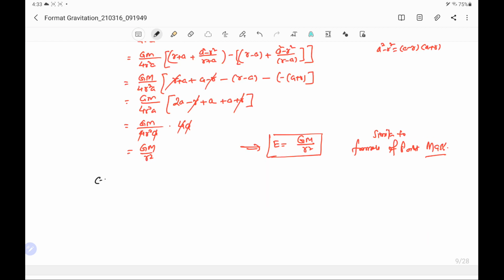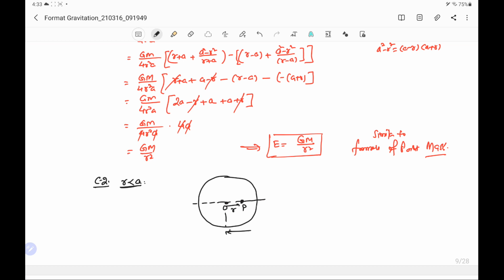Now take the second case when r is less than a. That means the point is inside the spherical shell. If this is a spherical shell, the center of the spherical shell is this O, and there is a point P inside this shell which is at a distance r from the center.